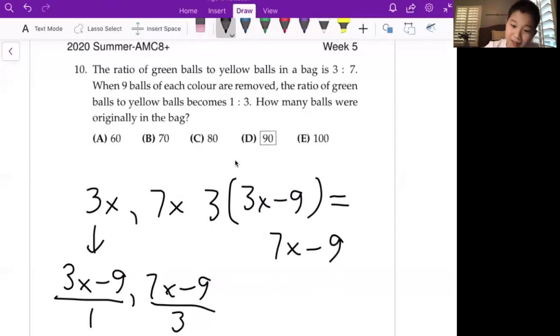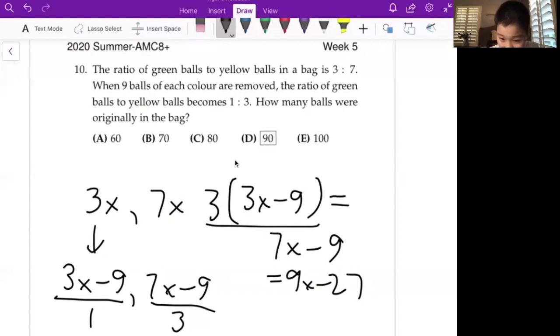So 1 to 3. That means 3x minus 9 times 3 is equal to 7x minus 9. So 3x minus 9 times 3, let's expand it. This is equal to 9x minus 27. And then subtract 7x from both sides. This becomes 2x. And then add 27 to both sides.